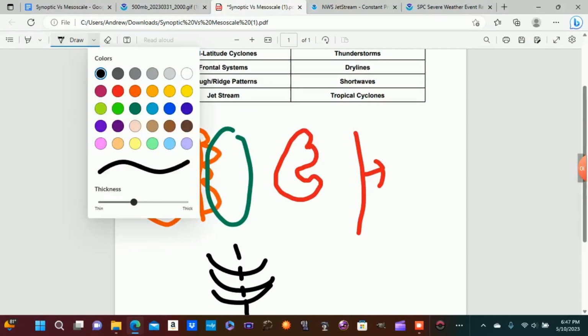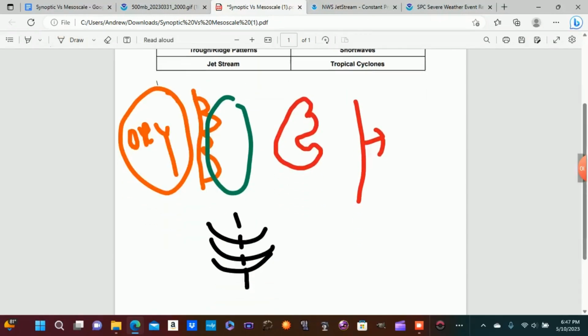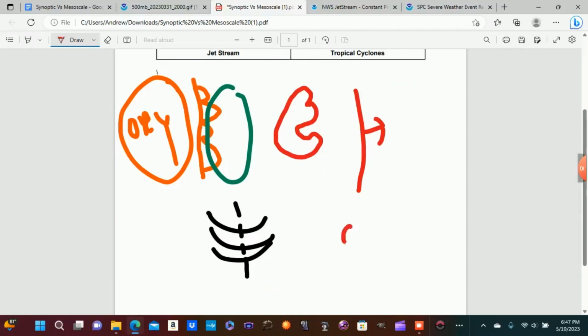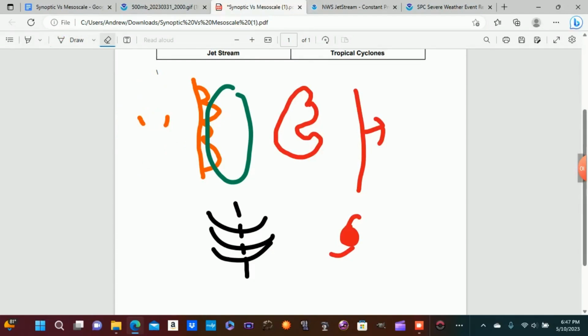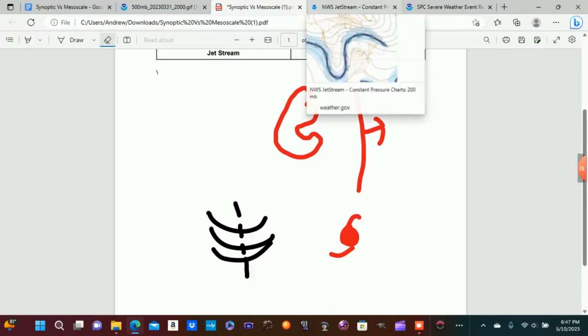And then last, you have tropical cyclones, which are also on the mesoscale. So those are the two main scales that we're going to worry about for right now. And so next we're going to move on to the sources for lift.